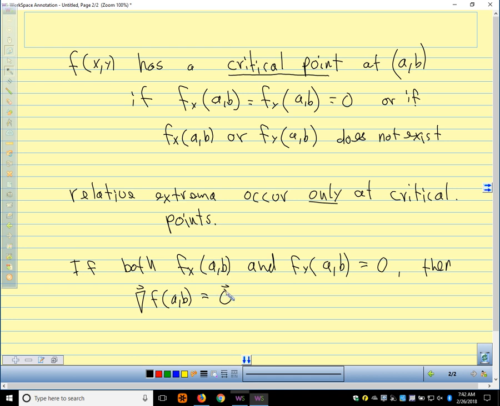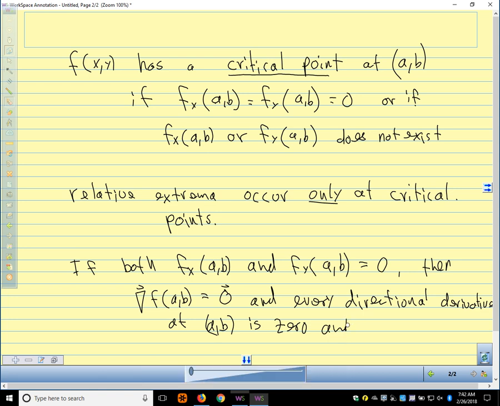And that tells us that every directional derivative is 0. And that also means that the tangent plane is horizontal.